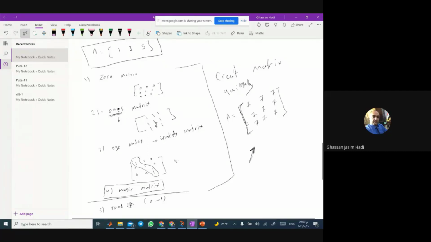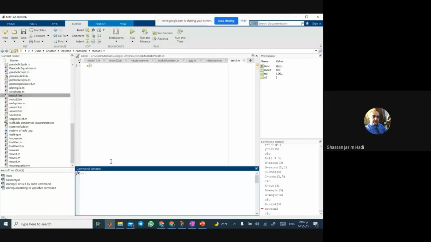If we say ones, it will give me like this. How to convert it to 7? Everything to 7. Multiply by 7. Great. Yes, great. Really, we have two ways.